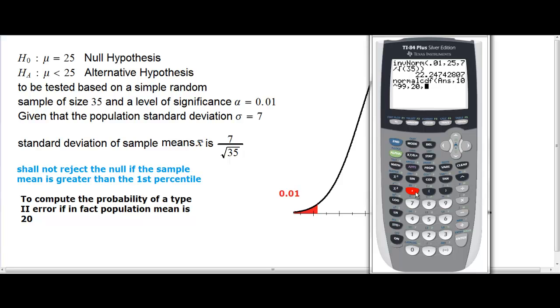And the standard deviation will still be taken as the same, 7 over square root of 35. So what is the probability of your type 2 error in this case? It's approximately 0.0288, we can say.